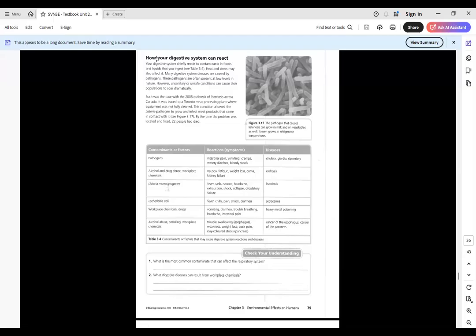We've got the workplace chemicals again and drugs. Another reaction from those is vomiting, diarrhea, trouble breathing, headache, and intestinal pain. So you can see that this one here crosses over into two different systems. It's affecting the digestive system, also affecting the respiratory system.